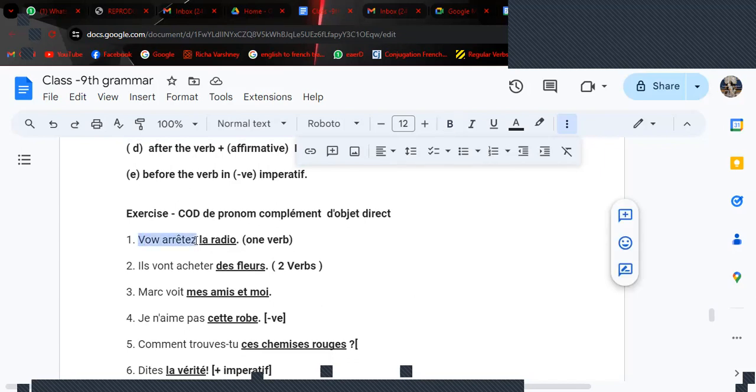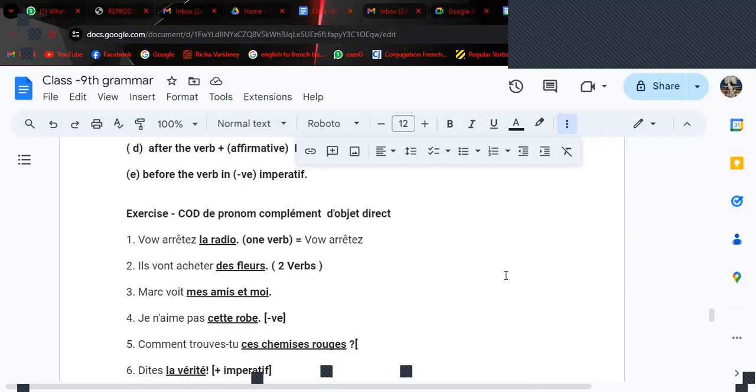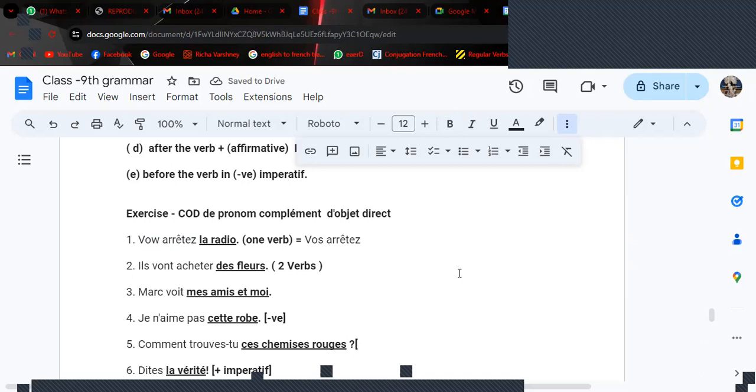And you know that in French, the objects are gender oriented and numbers according to the gender. So, la radio will be replaced by feminine singular. It will be la, but as we know that the subject, the pronoun will come before the verb.